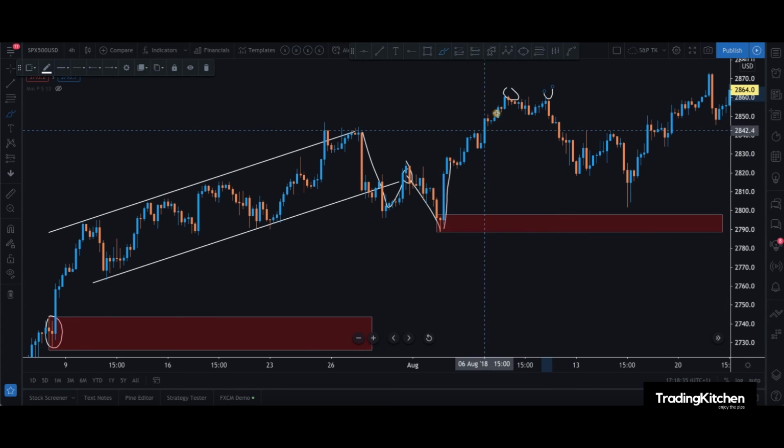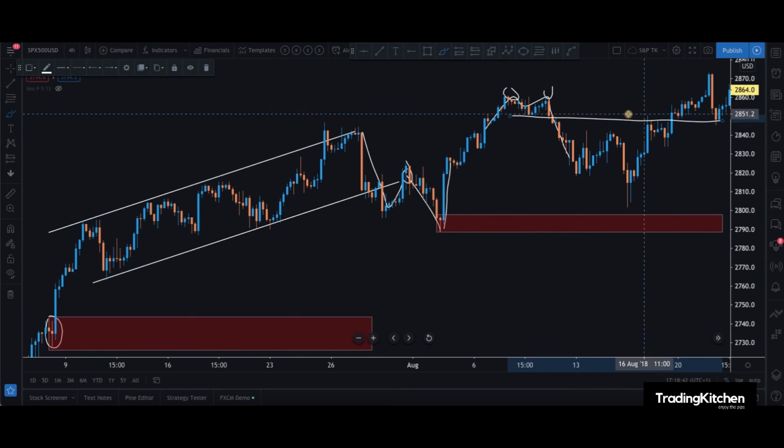Information. This is a neckline, and price, as you can see, reacts 1, 2, 3 times.